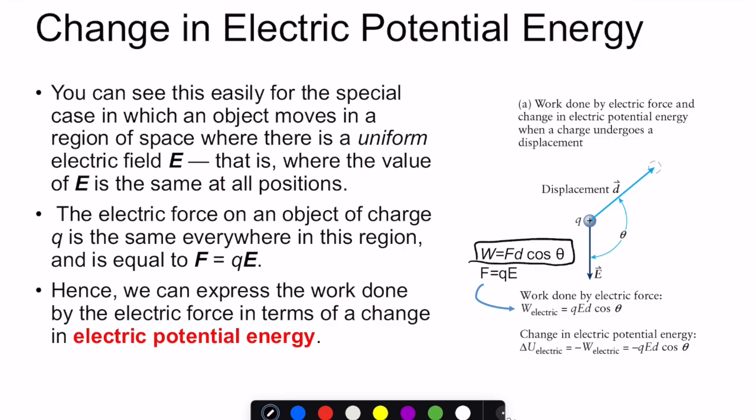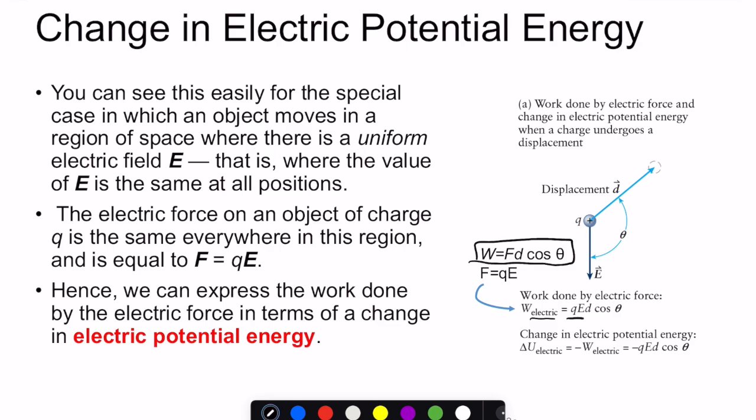But in the case of charges and electric fields, the force is QE. So we substitute QE and we can see that the work done by an electric force is QED cosine theta, where theta is the angle between E and D. And to find that angle, we place those vectors tail to tail.